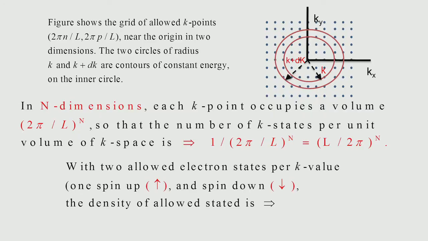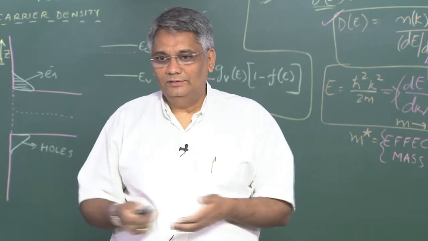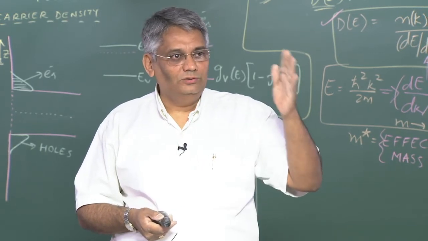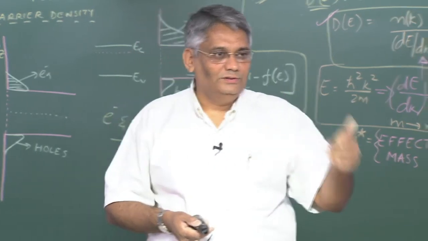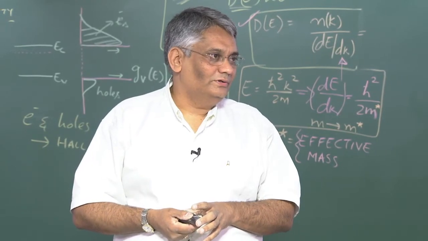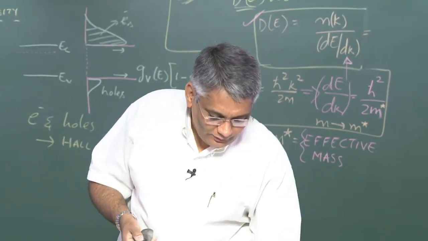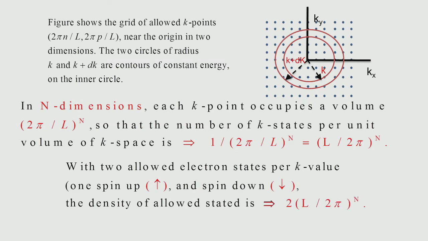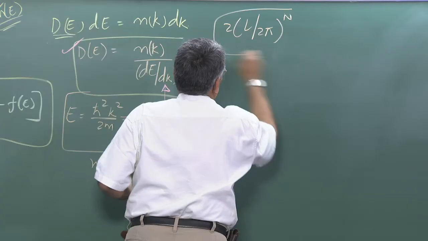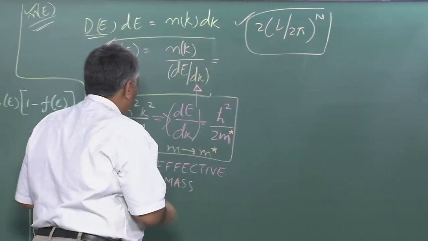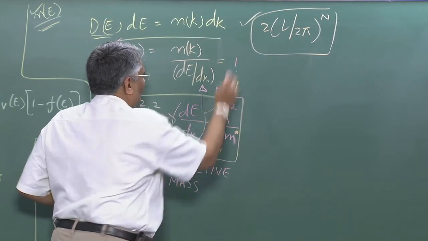Now, we have two allowed electron states per k value, the spin up and spin down configurations. So 2 allowed electron states per k value, and this gives a value of, keep that. Now you also substitute this and get that equation.